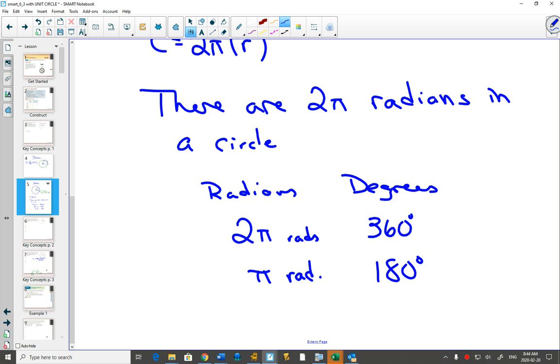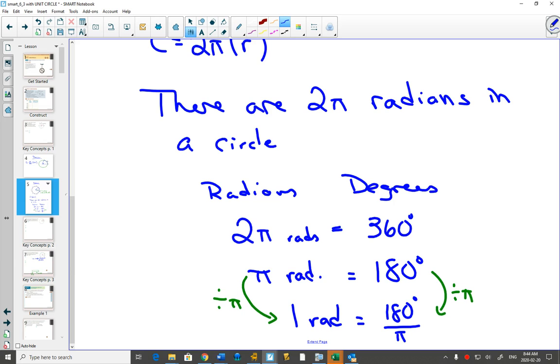Now, if I wanted to find out what 1 radian was, how could I go from here to here? Divide by pi. And if I did the same thing on this side, I would get that 1 radian is exactly equal to 180 degrees divided by pi.